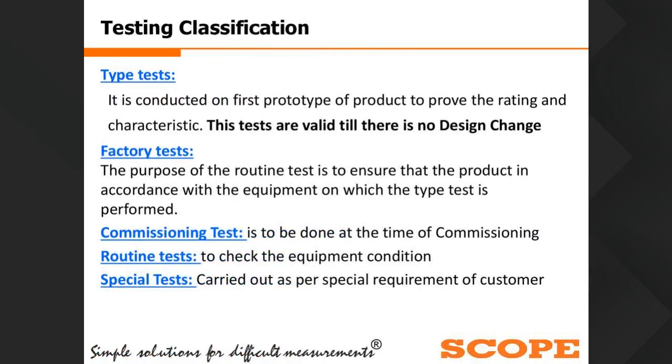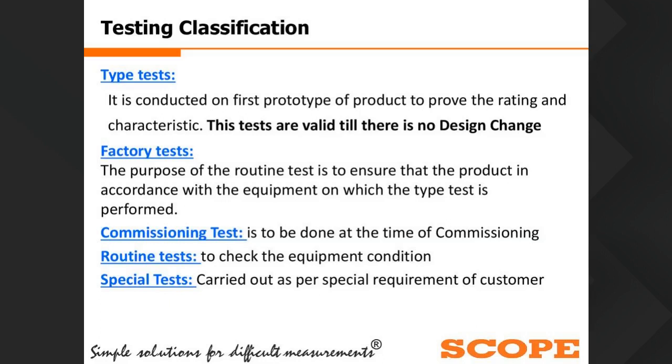Here is the testing classification, as everyone is aware. There are different tests: first the type test, then factory test, commissioning test, routine test, and special test. The type test we need to do on the first prototype of a product to prove the ratings, specifications and characteristics. This test is valid as long as there is no design change. The factory test we carry out to check the manufactured product is as per the rating.